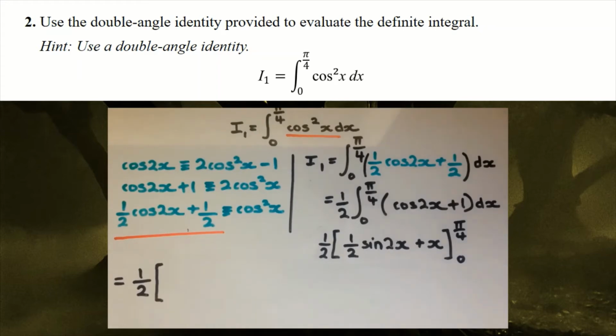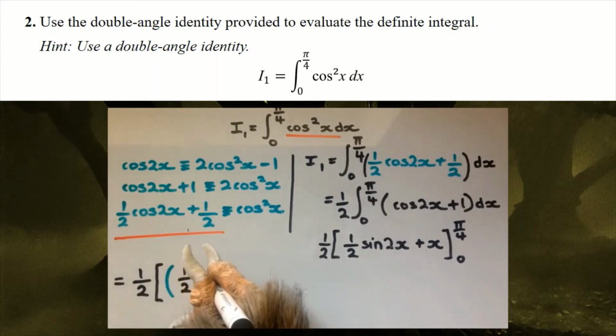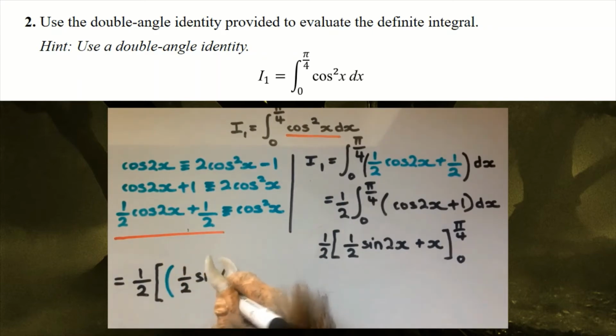So first up, we are going to sub in pi over 4, and I'm going to use green for that one. So this is going to be 1/2 of the sine of 2 lots of pi over 4. Now if you multiply pi over 4 by 2, we saw this in the previous question, you're going to get pi over 2.